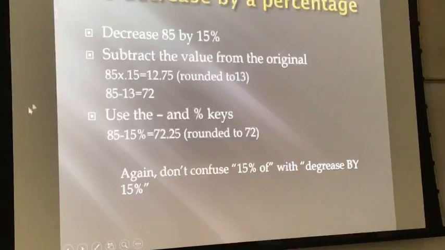So if you're using your calculator, and you can use a calculator, it's just those basic function calculators, then use the same thing. So 85 minus 15% is going to give you 72.25. So rounded to 72. So don't confuse 15% of with decrease by 15% either. Your 15% of is your 12.75. Your decrease by is going to be your 72.25 or 72.